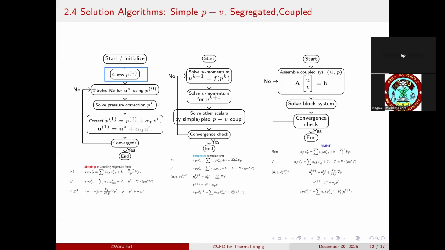Solving the momentum equation for U star using P naught. Then the system is assembled and integrated. Pressure correction equation for P prime, and the pressure is updated using the expression P equals P naught plus alpha P times P prime.